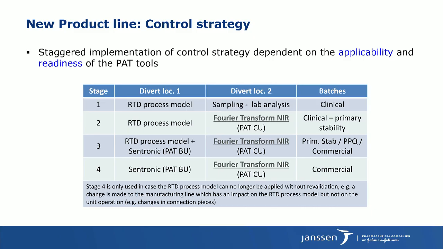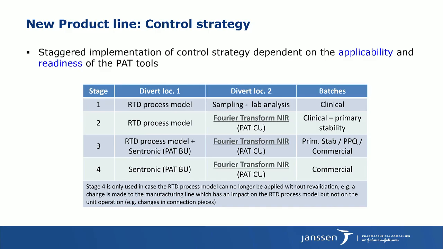So it depends on the applicability and the readiness of the PAT tool. How do we see it? I've put here a table where you can see the different stages. The stages represent the life cycle of your product development. And then you have the 2 diversion locations, 1 and 2. 1 is at the end of the tablet press, 2 is the complete temporary collection drum itself.